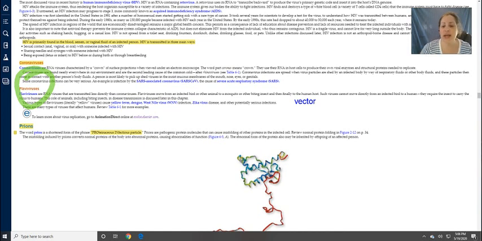A vector is an animal that transmits the disease from another animal to the human. And so what a flavivirus does is it moves from an infected bird to a biting insect, then to the human. This virus cannot go from bird to human. It requires that biting insect in the middle.